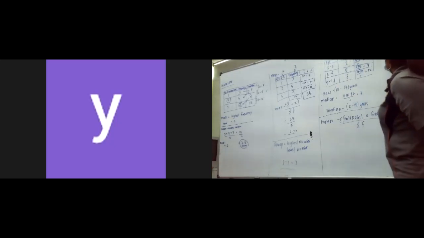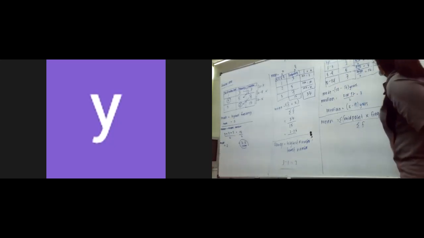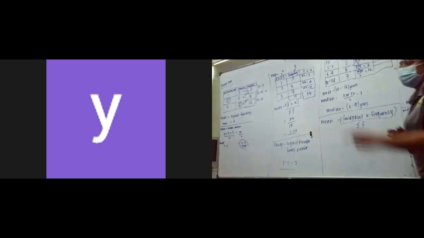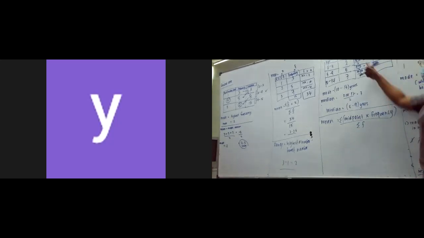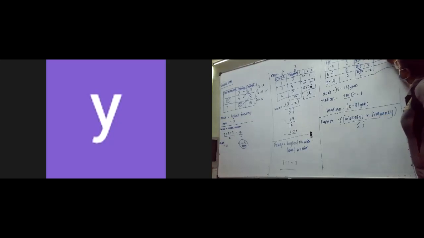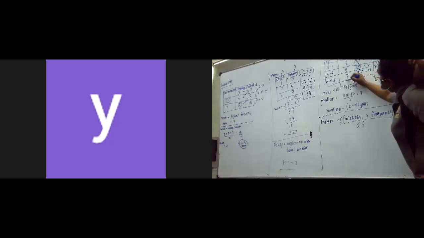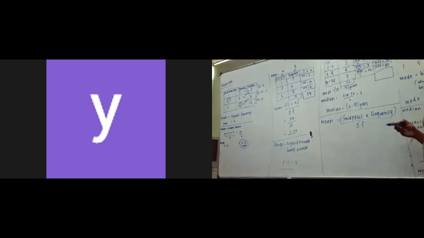Okay, now you do another column. So this is m times f. M means your midpoint. So m times f, so 2 times 2, 4. 7 times 5, 35. 12 times 7, 84. So now you calculate your total. What's your frequency total? 14, right? Okay, what's 84 plus 35 plus 4? 123.